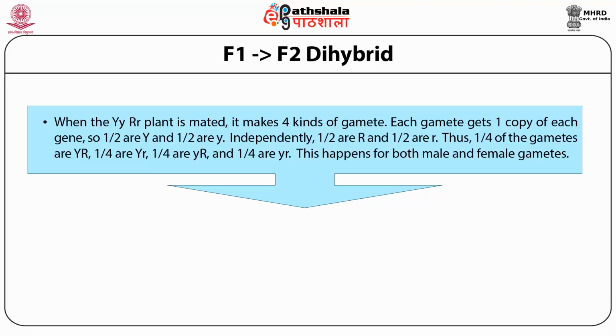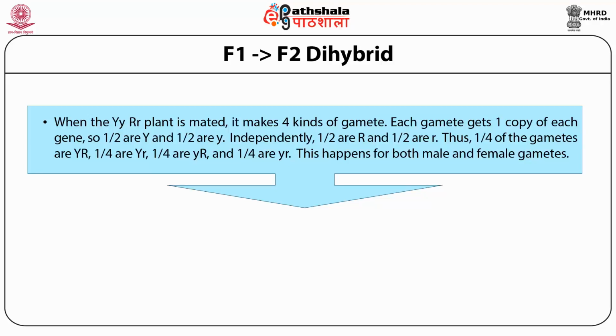Each gamete gets 1 copy of each gene, so 1/2 are capital Y and 1/2 are small y. Independently, 1/2 are capital R and 1/2 are small r.